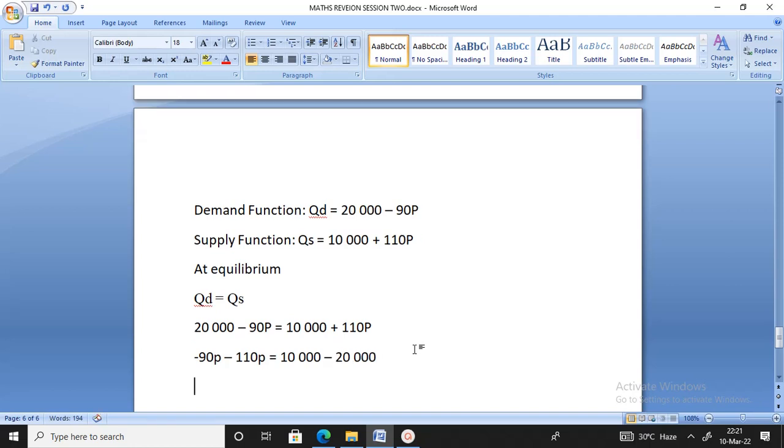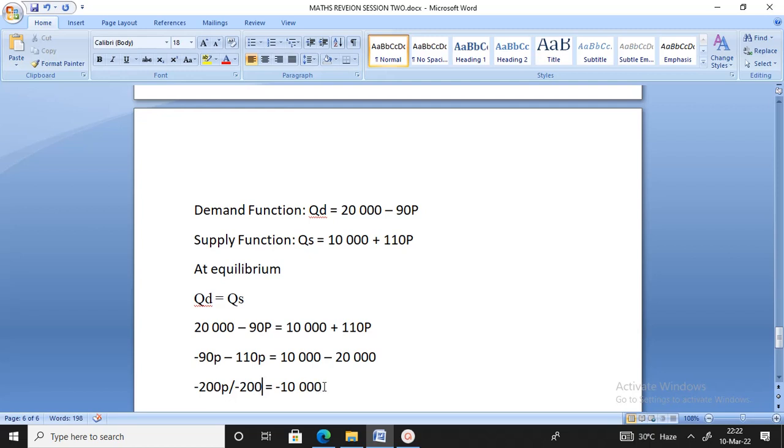All right, so collect like terms. Negative 90p minus 110p gives negative 200p, and that should be equal to 10,000 minus 20,000, which is negative 10,000. So divide by negative 200.